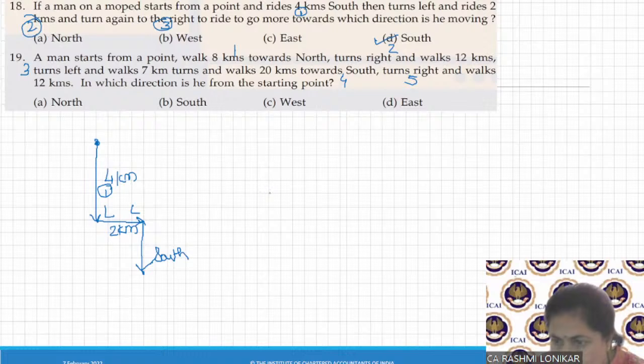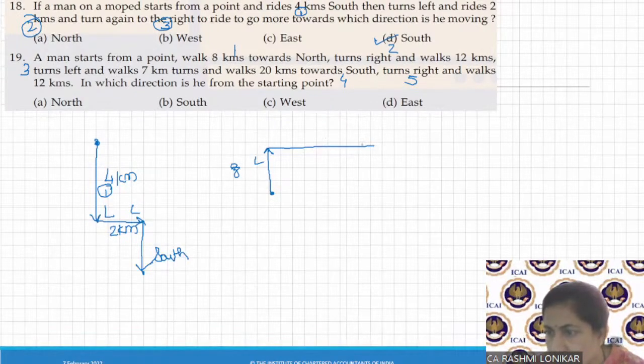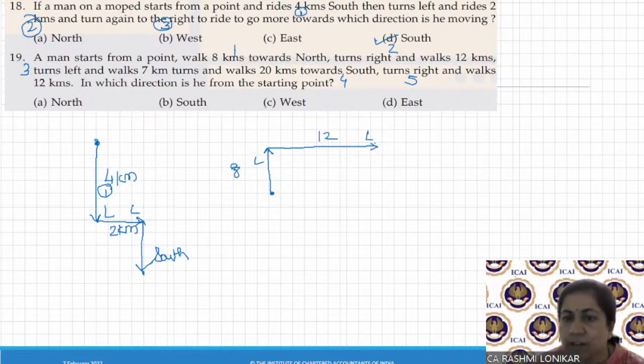So in the 19th sum, the person is over here. He walks 8 kilometers to the north. Okay, so this is his left. Turns right and walks 12 kilometers to the right. Then this is his left.